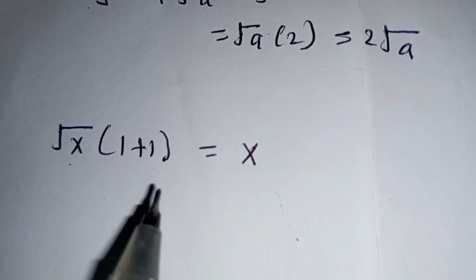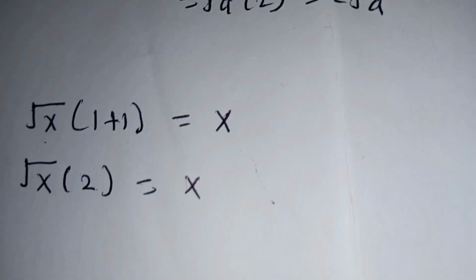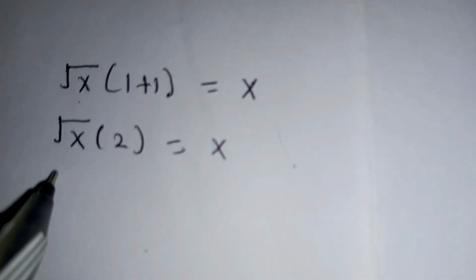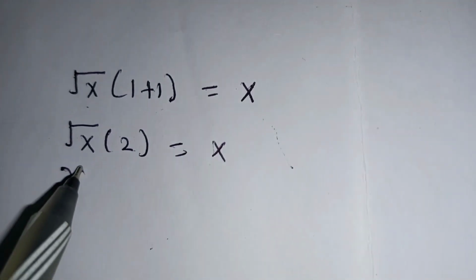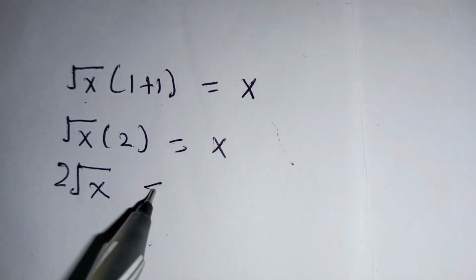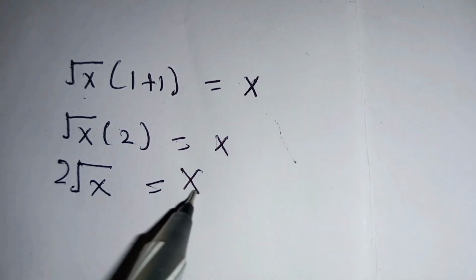So 1 plus 1 is 2, and the 2 can be written in front of the root as 2 root of x, which is equal to x.